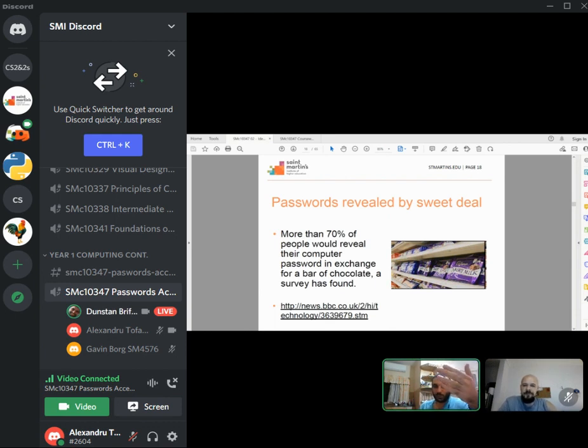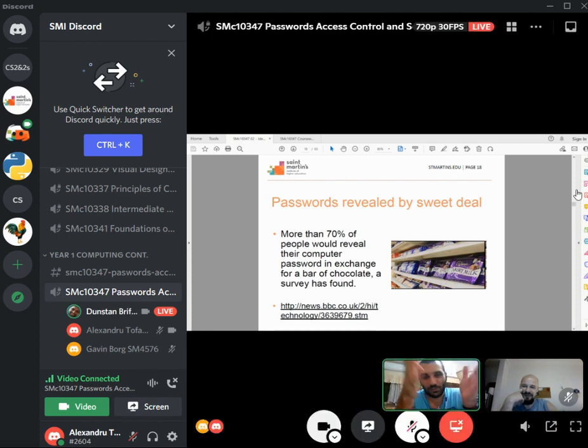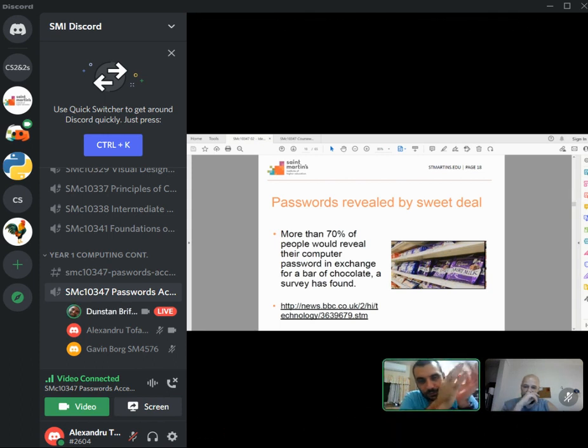We wouldn't know whether the passwords were actually true passwords they use or still use, because, speaking for myself, I would probably invent a password just to take a piece of chocolate. However, if you read the article, the types of passwords were completely in line with what we have in statistics: pets, anniversaries, dates, and so on.